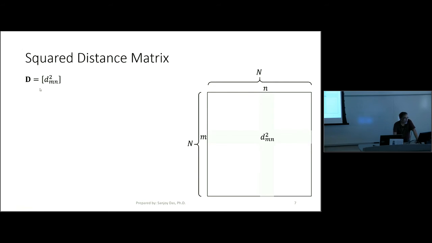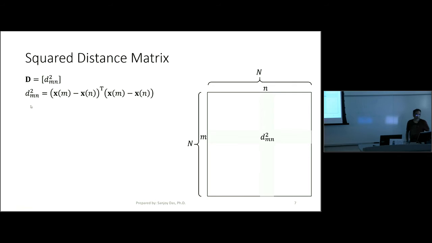I take pairwise all dmn's, and then I get my squared distance matrix D.